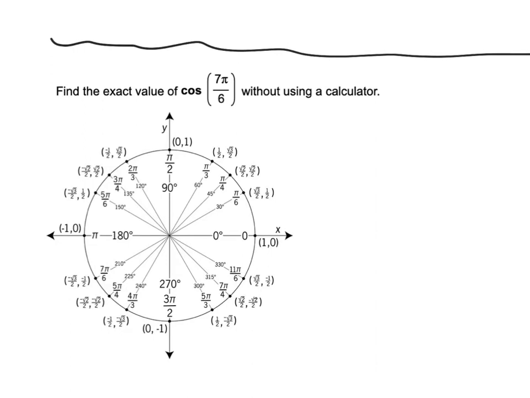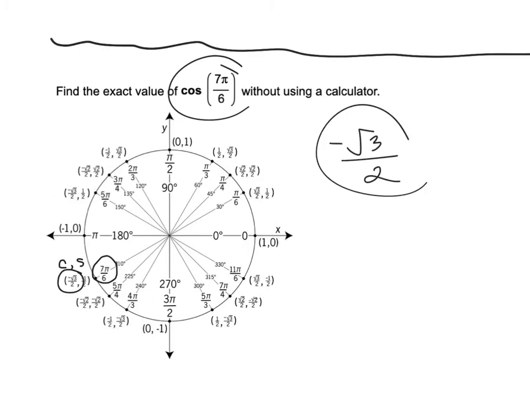You can just look up 7 pi over 6, which would be right here. You remember the point that's right by 7 pi over 6. The first term represents cosine, the second represents the sine. Since they're asking for cosine, my answer is right there, negative square root of 3 over 2.